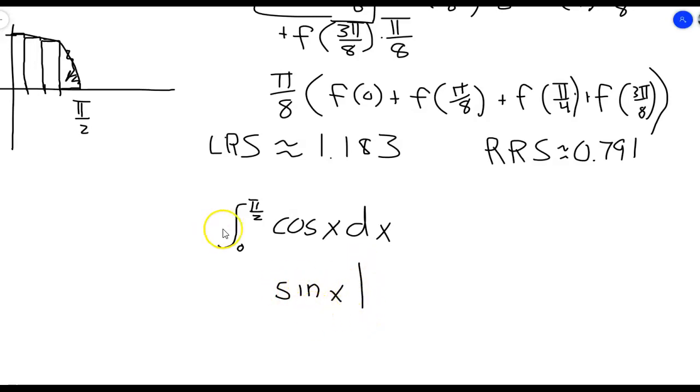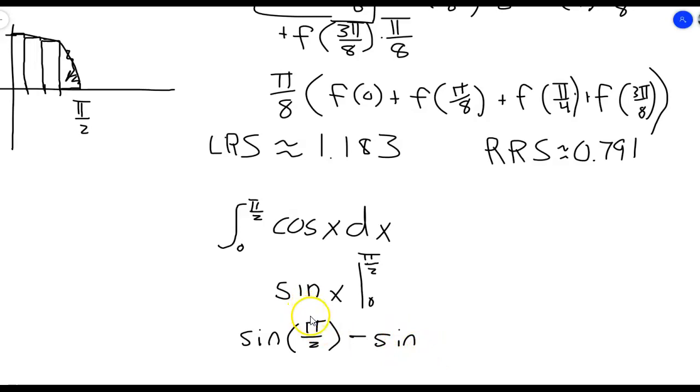evaluated, and when we do the definite integral, we don't need the constant of integration, because those are actually going to subtract out. So this is going to be evaluated from 0 to pi over 2. We take the antiderivative and evaluate it at these limits of integration. We do the antiderivative evaluated at the upper limit, pi over 2, minus the antiderivative evaluated at the lower limit.